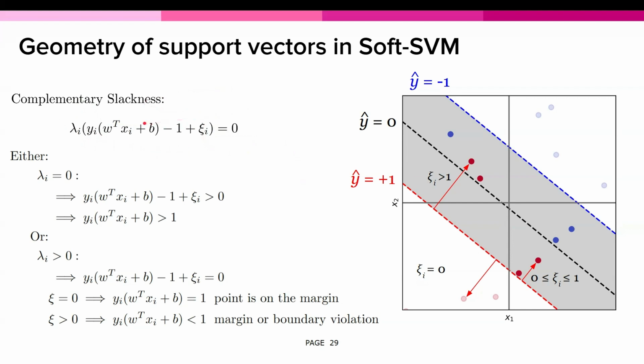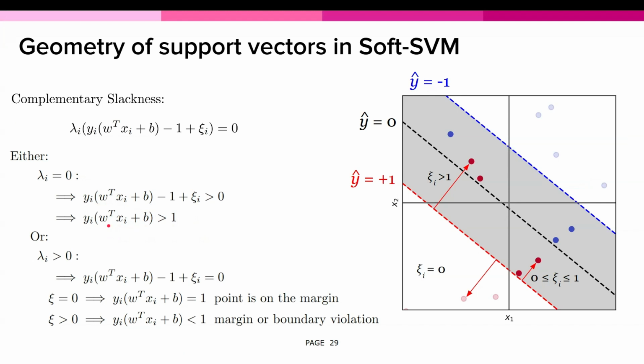Let's consider these two cases separately. If lambda_i is 0, the point doesn't influence the decision boundary. For this to be true, the other term must be greater than 0, specifically the product of the class label and the linear predictor must be greater than 1.